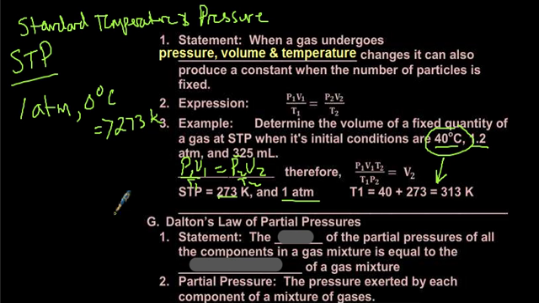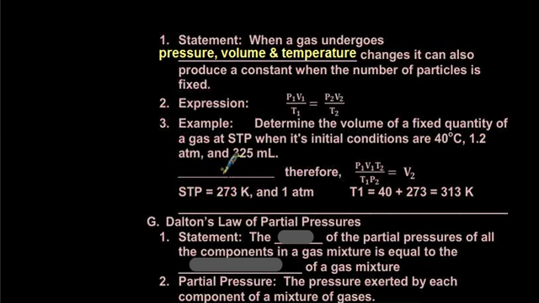I need to erase a lot of the stuff here, so let's pause for a sec. With our new temperature, we're going to get our V2 to equal, and it's going to be long, P1 was 1.2 atmospheres. Now let's do this on a separate sheet here, because this is going to be too big.